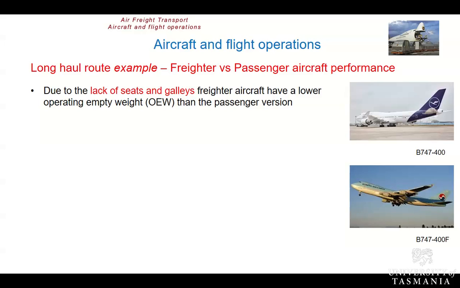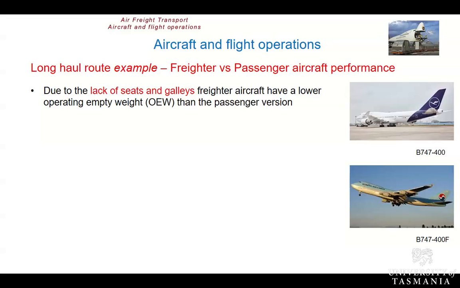So you've got two identical aircraft, such as those two here. They look pretty identical on the outside, but the freighter is going to be lighter because it's not filled with seats, galleys, or other structural components which are necessary in a passenger aircraft.